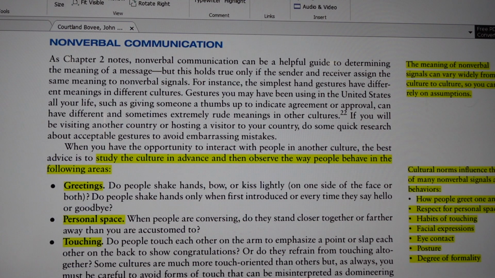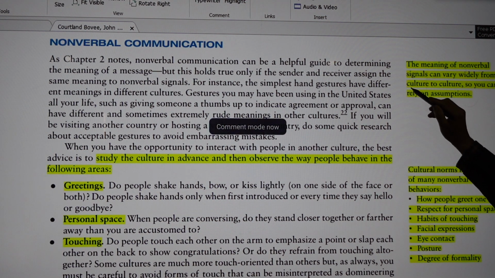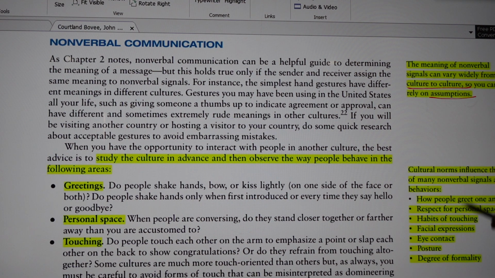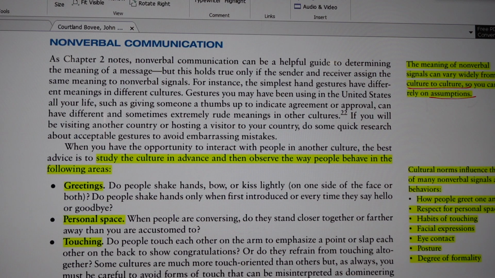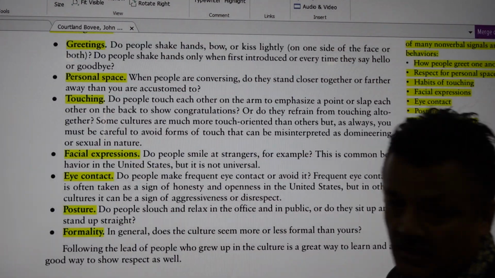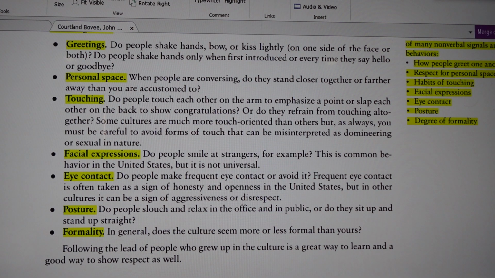There is cultural diversity on the basis of non-verbal communication, right? Non-verbal cues differ from culture to culture. For example, greetings: Japanese people greet from 3 feet distance, like this.